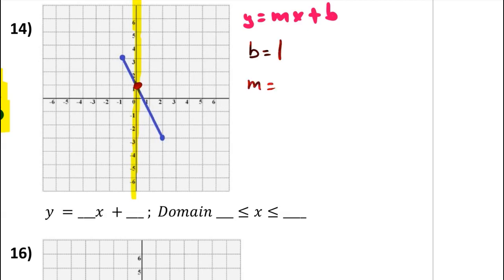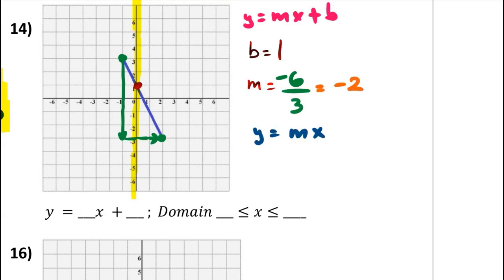M is the slope. So from this point to this point, we have to go down 1, 2, 3, 4, 5, 6. So go down 6 is -6. We go to the right 1, 2, 3. So 6 over 3. 6 divided by 3 gives you 2. And bring down the negative sign.